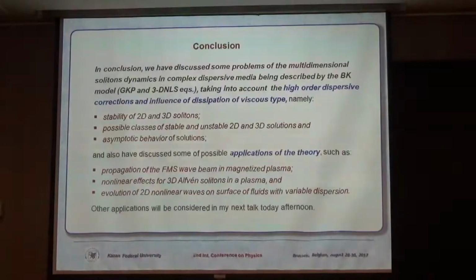In conclusion, we have discussed here some problems of multidimensional soliton dynamics in complex dispersive media described by the KP model, GKP and 3D DNLS equations, taking into account high order dispersive corrections and influence of dissipation. Namely, we have discussed the stability of two-dimensional and three-dimensional solitons, possible classes of stable and unstable two-dimensional and three-dimensional solutions, and asymptotic behavior of solutions.